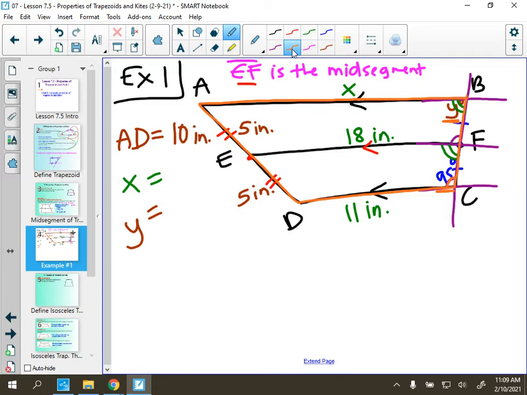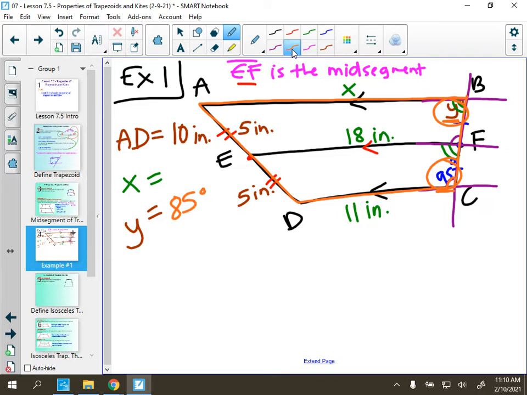That might be all I need. So this 95 here and this Y should be supplementary. That was our one property of a trapezoid that has to be true. So basically 95 plus what equals 180 degrees? I think we're talking about 85 degrees. When it's all said and done, Y should be equal to 85.